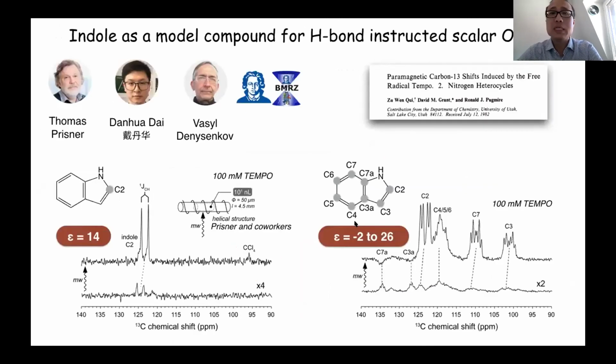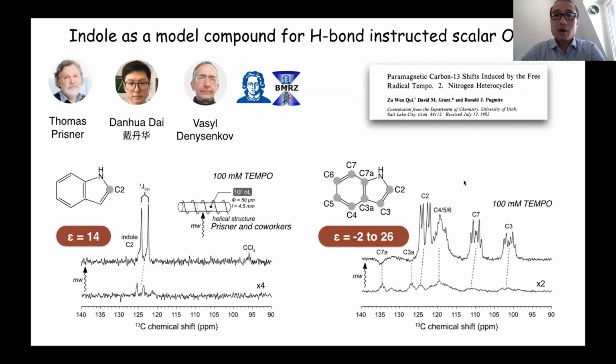For this, we obviously need a chemically more defined system. So we went back to the original paramagnetic NMR paper published in JACS in 1984 and figured out this particular molecule called indole, which also interacts with the TEMPO-type radicals. And indeed, we can see by DNP experiments that there is quite good DNP enhancement on most of the carbons, and even site-specific DNP enhancement on this molecule.